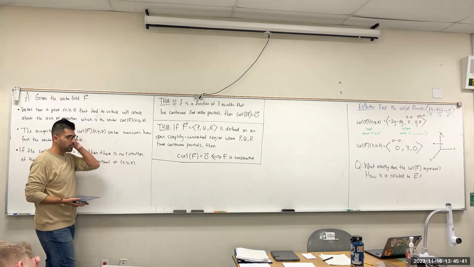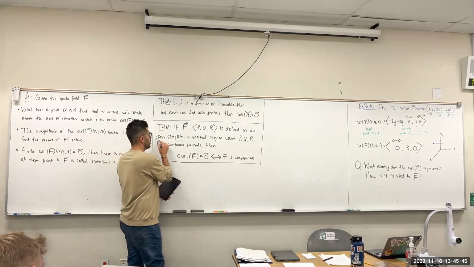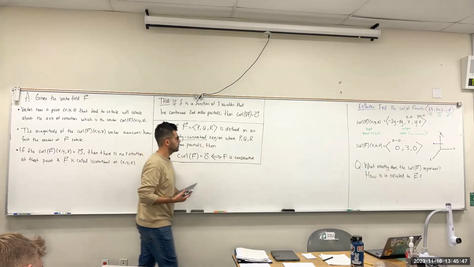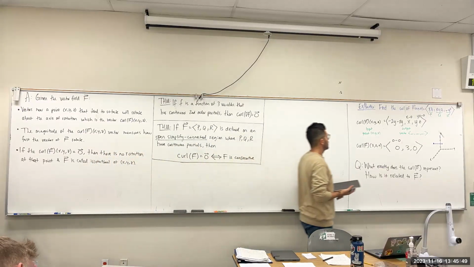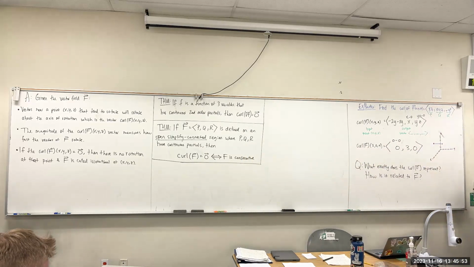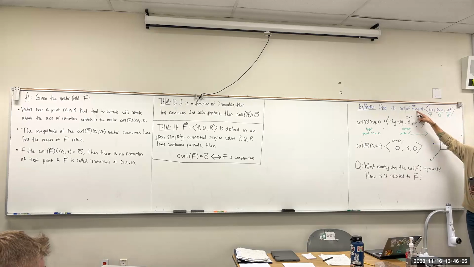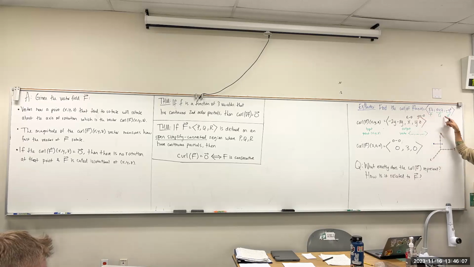Okay, so this is kind of similar to what we did in section 16.3. You want to check that you have an open, simply connected region. For example, this one here. Do these functions have any restrictions for the points x, y, z? No, right? So what's the domain of this vector field? All of R3.